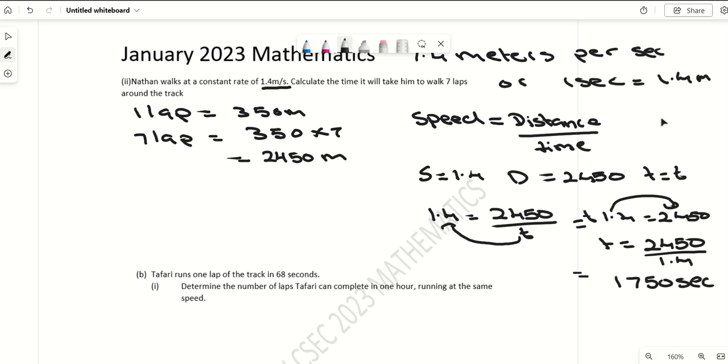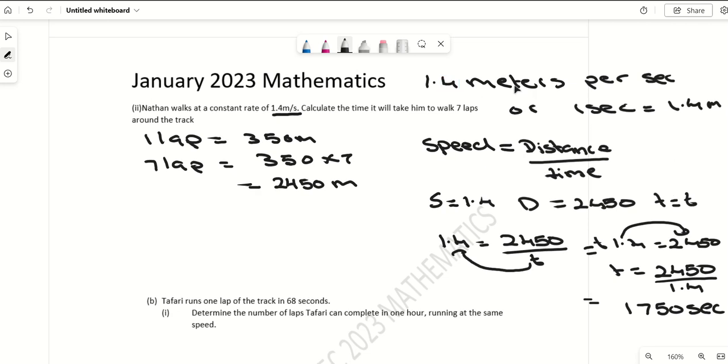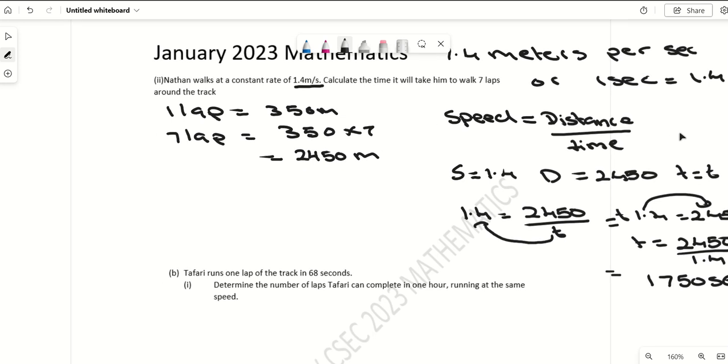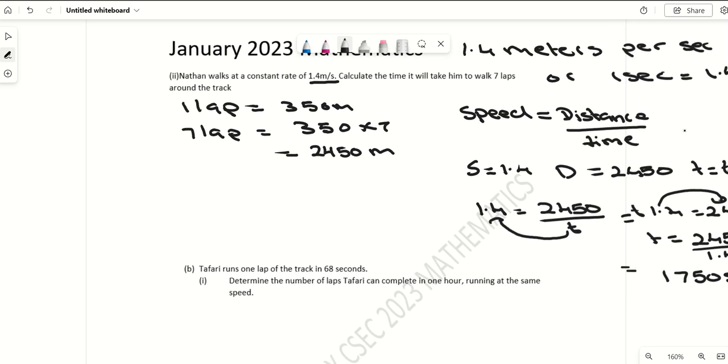The next way to do it is, remember I said 1.4 meters per second means 1 second is 1.4 meters. We are trying to find time, so seconds would be on your right hand side. So you can say if 1.4 meters is equal to 1 second, then 1 meter would be 1 divided by 1.4.